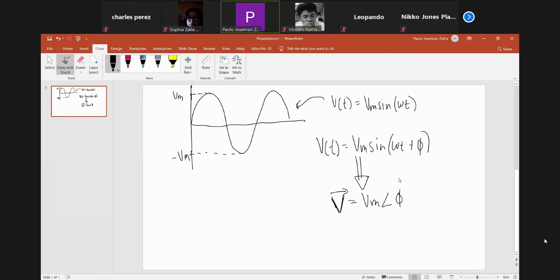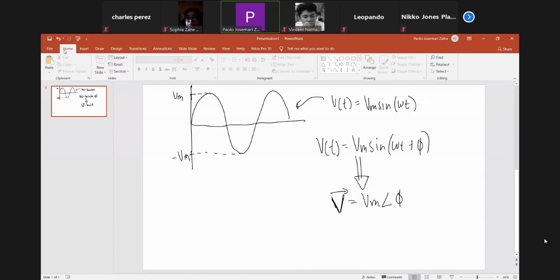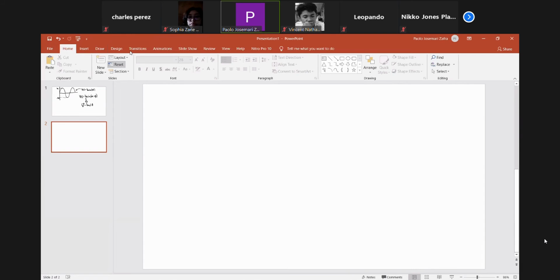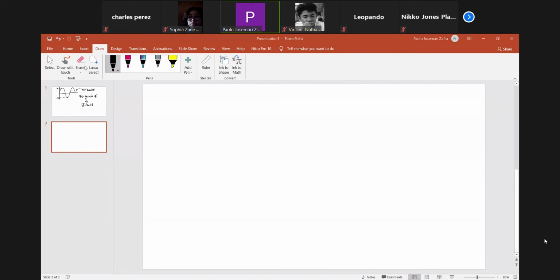No? So we will usually be analyzing AC steady state circuits using phasor analysis because it's much easier to manipulate as compared to your sinusoidal functions. No? So upon or next to that, another parameter that is also important is your impedance.